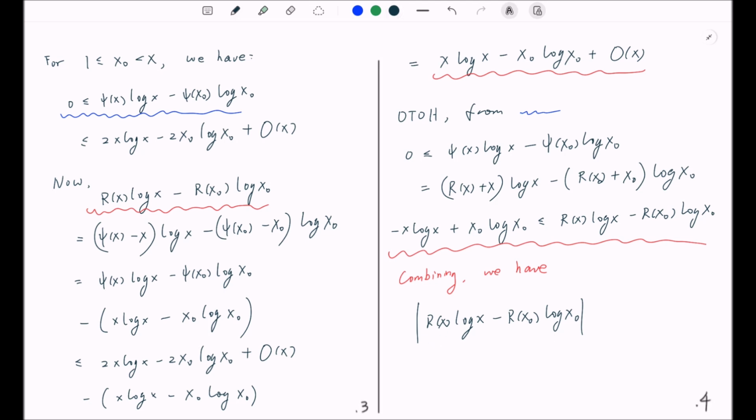This absolute value is less than or equal to the difference x log of x minus x naught log of x naught. This guy is always positive because of our assumption, plus big O of x, resulting from here.